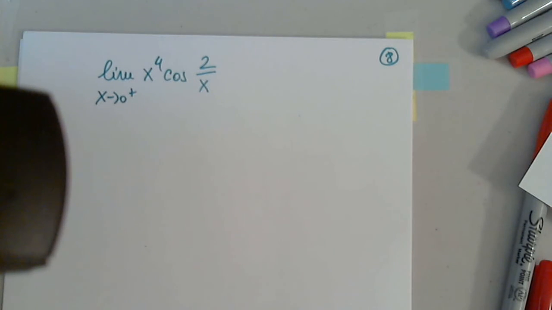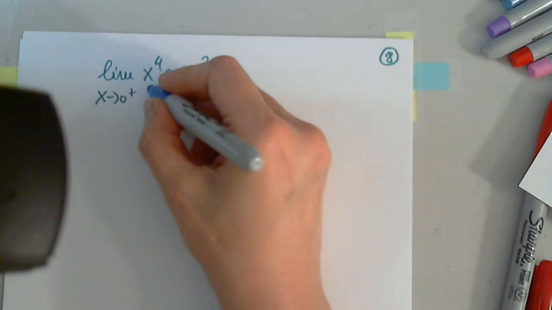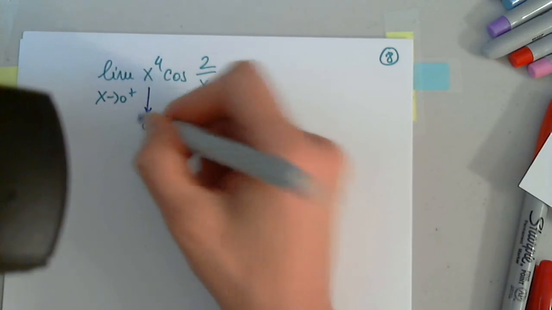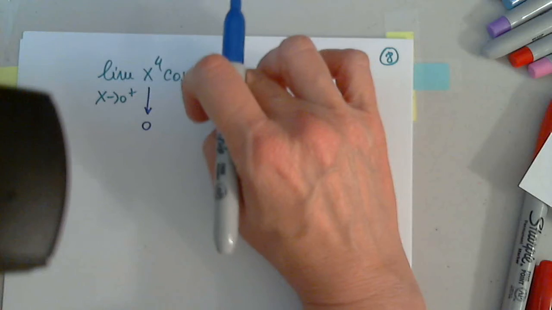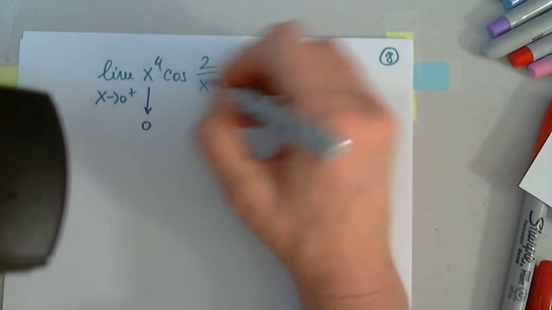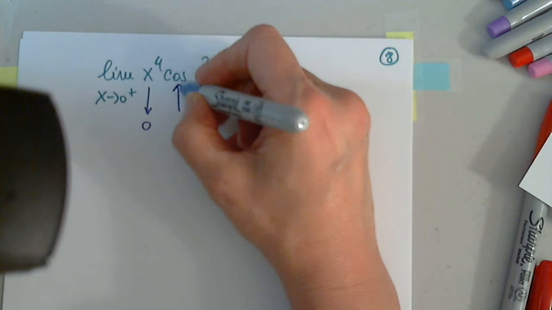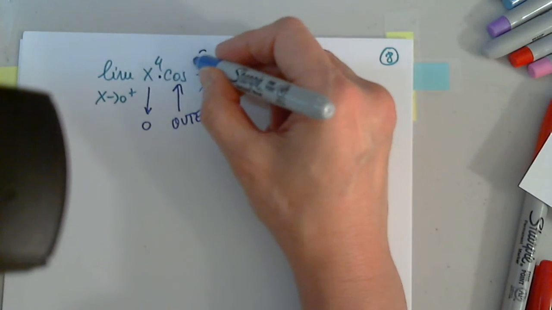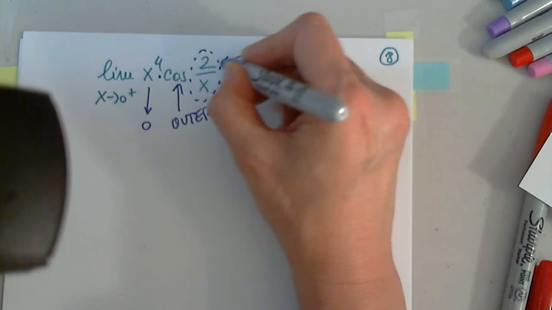Any suggestions? Plug in. Correct. Very good. So see, this is the inner function and this is the outer function. So this is a function composition. Outer, this is a product, and inner.